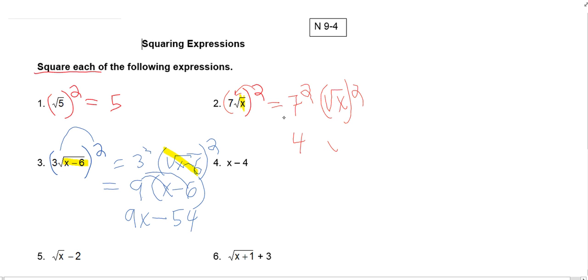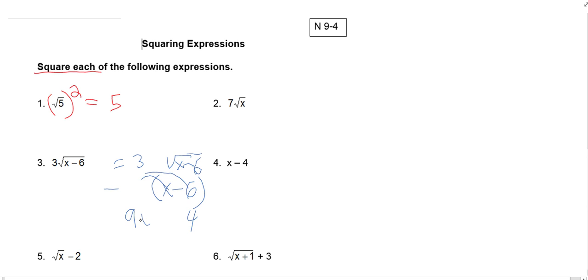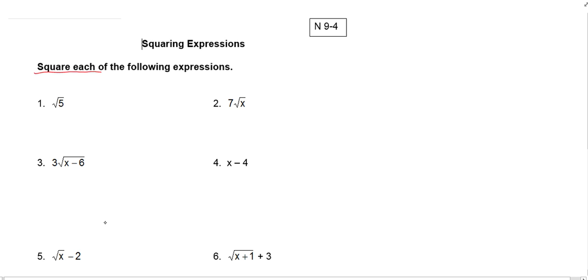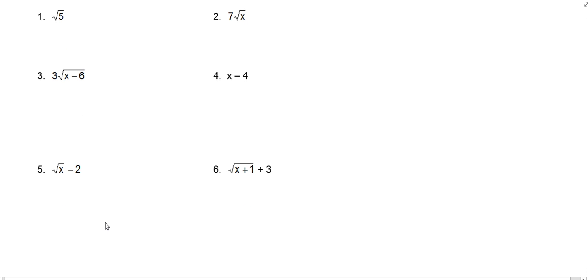Let me erase some of the stuff we've previously done here. Give ourselves some more space here. Alright, and this time we have our expression, we don't have the square root anywhere. We're simply going to square both of these.